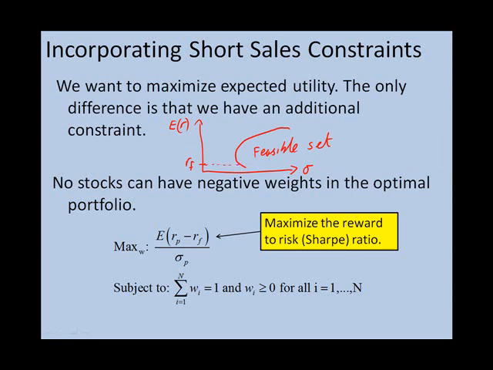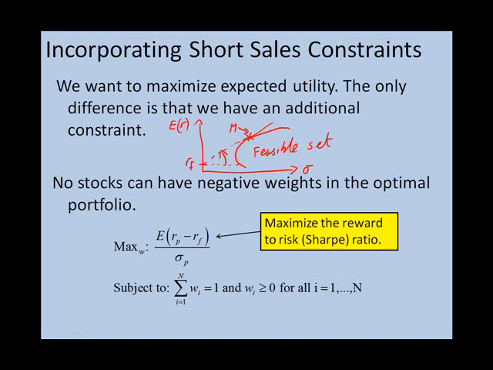And we know that as investors, we want to maximize the reward to risk ratio. For every unit of risk we take, we want to maximize the expected return. That's what we do when we solve for the optimal portfolio. We're maximizing the slope of the line.